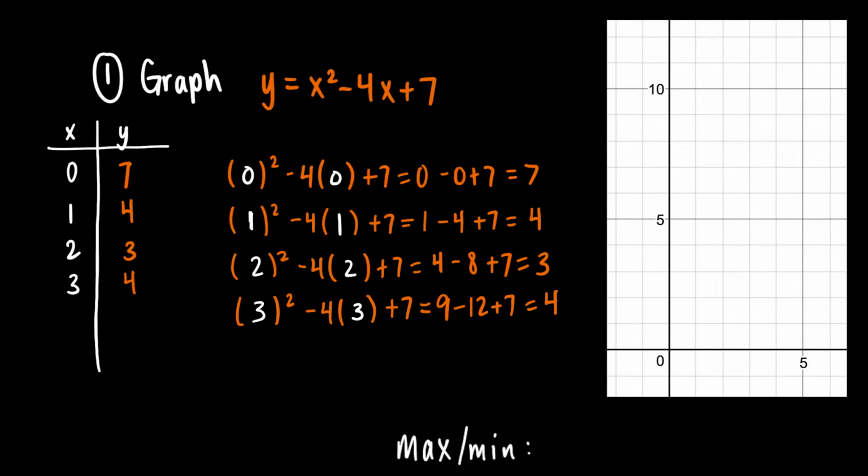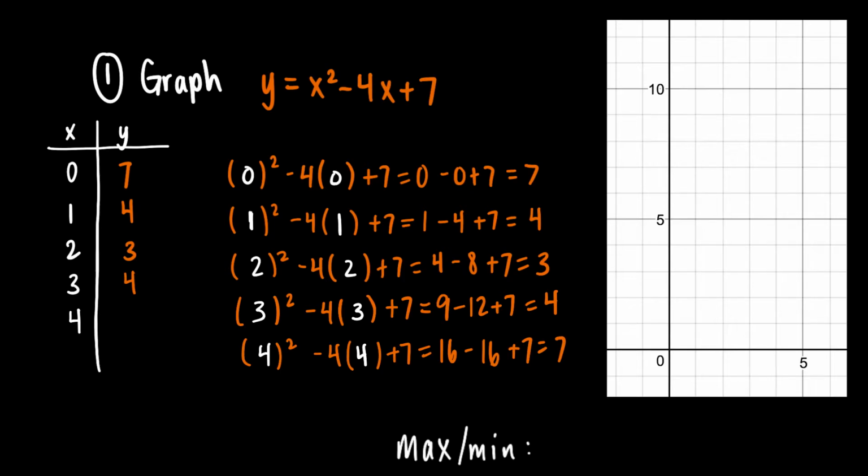And let's try 4 here for x and see what we get. All right. 4 squared minus 4 times 4 plus 7. You can see this can be a lot of work sometimes. All right, 4 squared is 16. Minus 4 times 4 is 16 plus 7 is equal to 7.